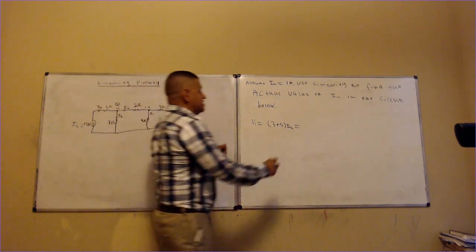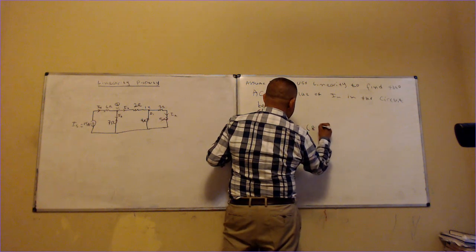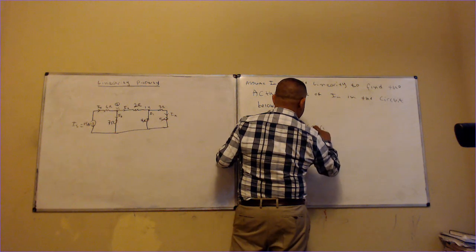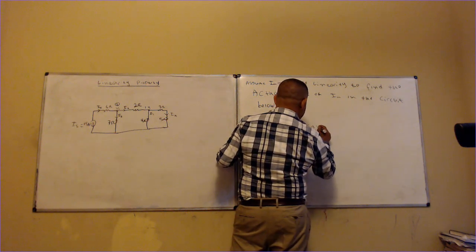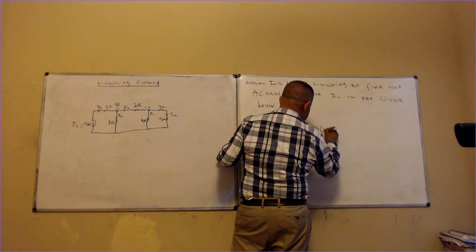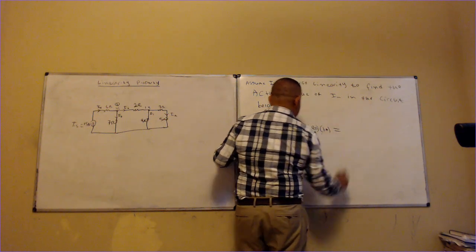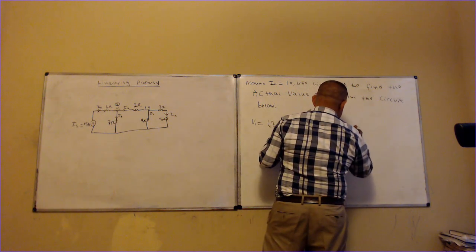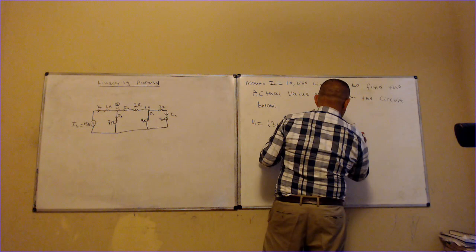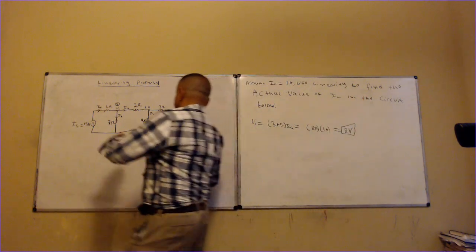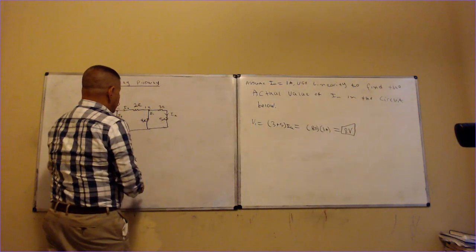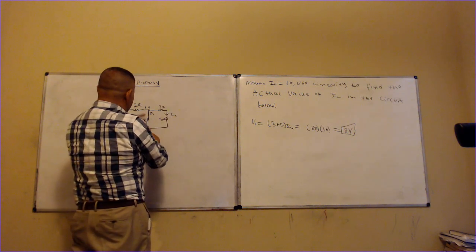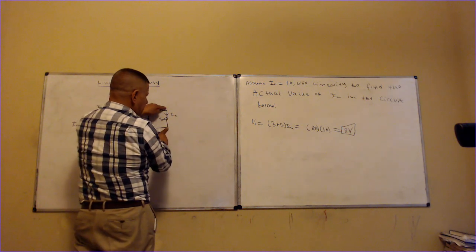That is equal to 8 ohms times 1 amp, which is 8 volts. So I found this guy. It makes sense because these two guys are in parallel, so the voltage across this node should be the same as the voltage across that node.